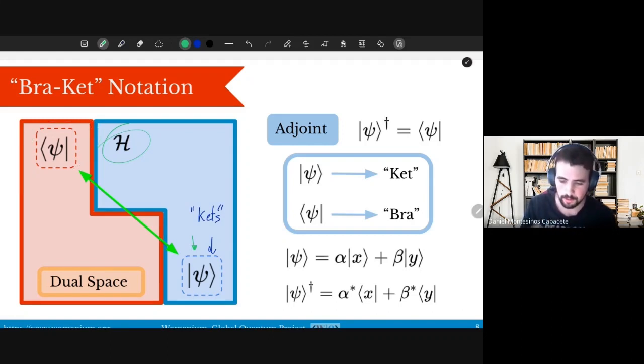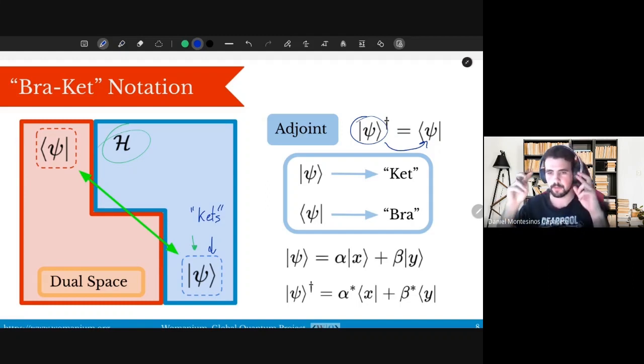So we are going to define an operation, right? That is called the adjoint operation, and is denoted by this dagger over here. And this operator takes the vector in your Hilbert space, and gives you the corresponding vector in your dual space, right?